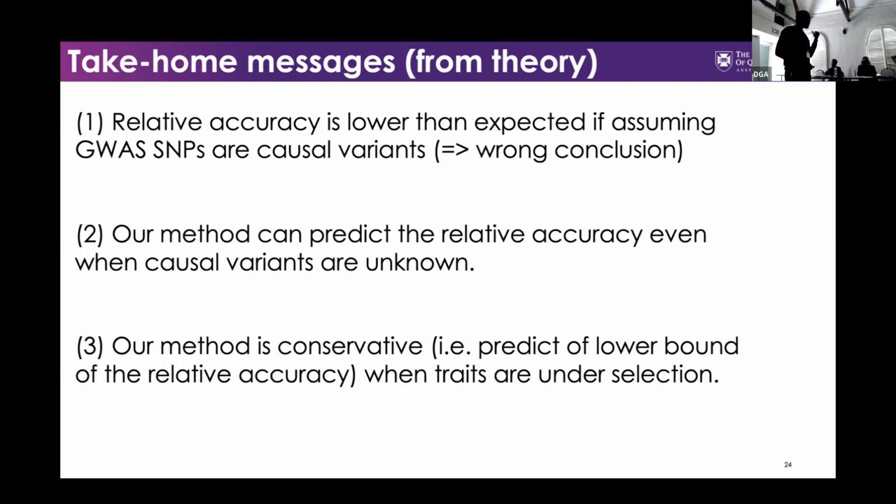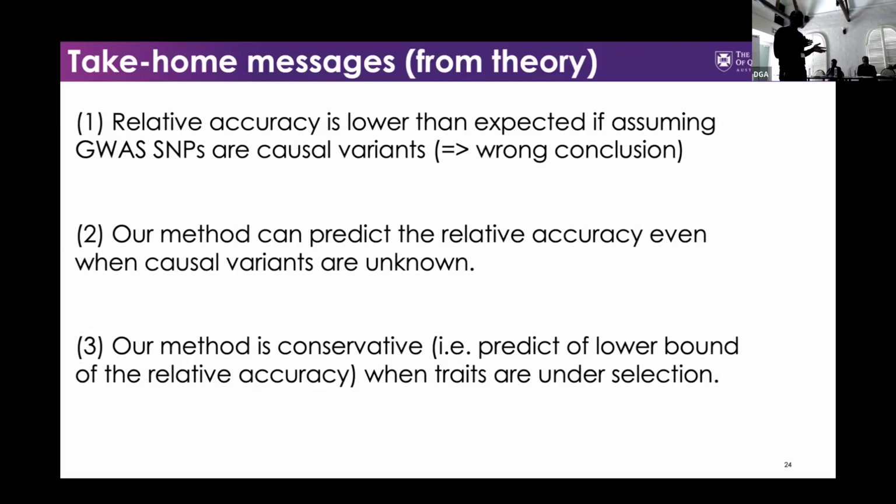So the take home message is that the relative accuracy is lower than expected if the GWAS SNPs were causal variants, but I believe this is the wrong conclusion. We shouldn't be drawing biological conclusions from that loss of prediction accuracy, essentially because GWAS SNPs are not causal. So we have a method that can predict the relative accuracy, even when the causal variants are not known.